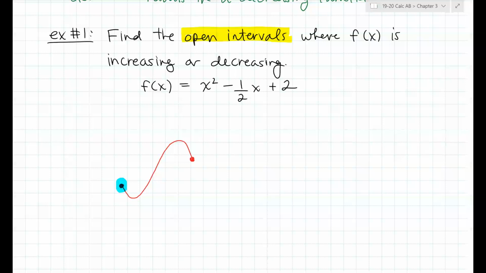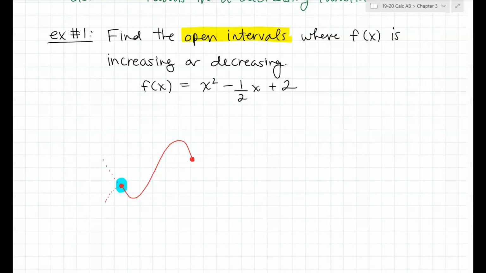But remember, I think I showed you guys once, I don't know if this graph has changed directions at that point. Maybe it's going back down, right? Or maybe it's continuing to go up. I don't know what's happening after that point. So I can't tell you what's happening at that point.